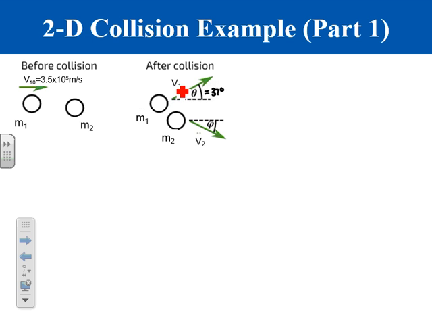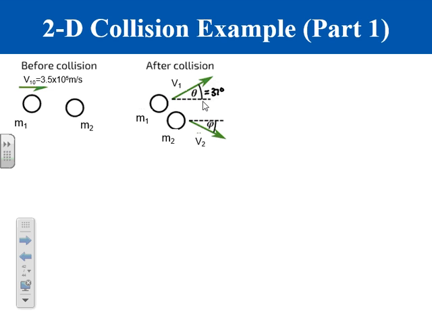So when we write these, we're going to separate them into vertical and horizontal. And that's kind of our first principle, is that when you have a two-dimensional collision, total linear momentum is conserved in all dimensions. So the vertical total linear momentum is conserved and the horizontal total linear momentum is conserved.